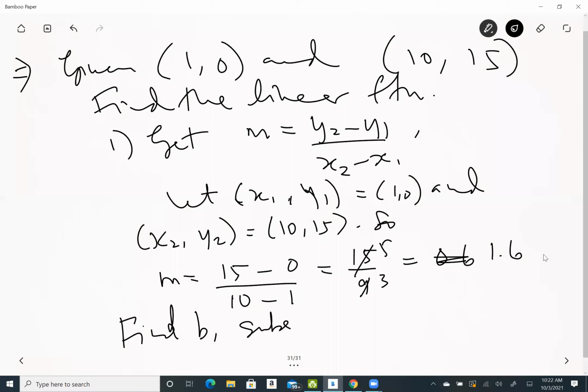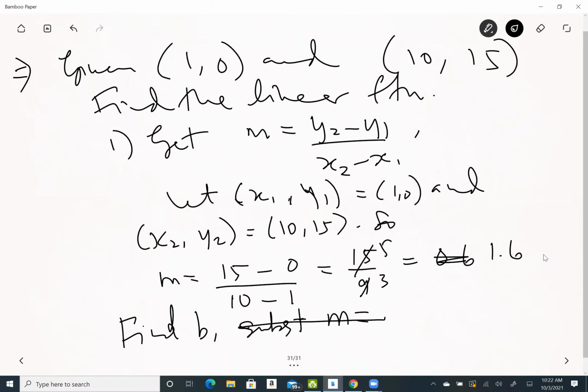We substitute the M. To find B, this is how.